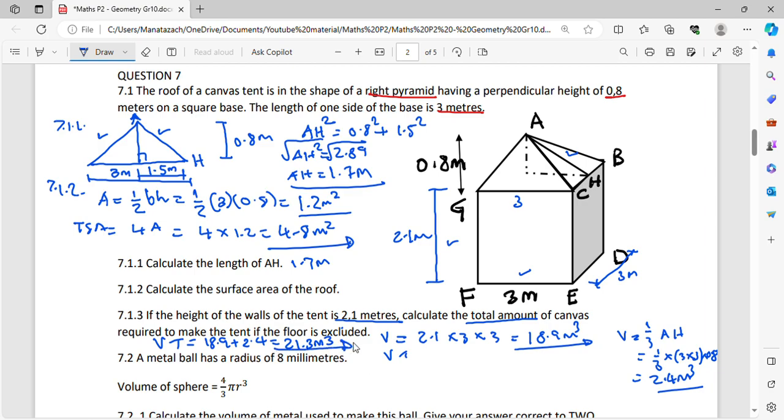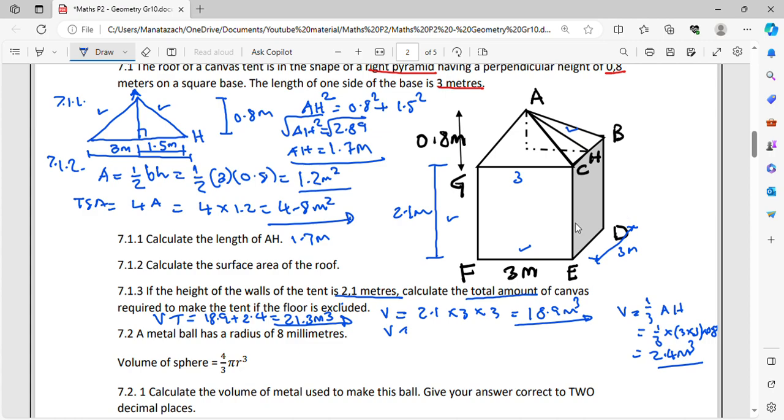Now let's say you were given to calculate the surface area for the very same question. Let's also work out the surface area. I'll show you how to calculate the surface area if you've got the walls and the height of the wall is 2.1. Okay, let me just go down here for space.